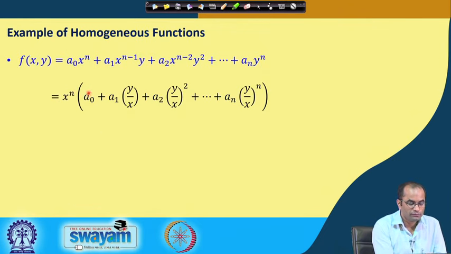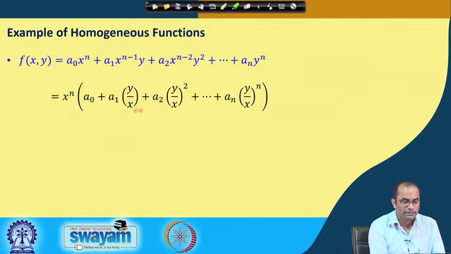This will be a 0, because x power n we have taken out, and in the next term we have again taken x power n out, so 1 x we have to divide, so a 1 and then y over x. Again here we have taken x power n out, and then x power minus 2 will remain, that means a 2 and then y over x power 2 and so on.